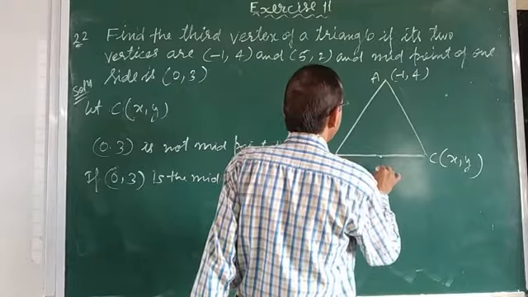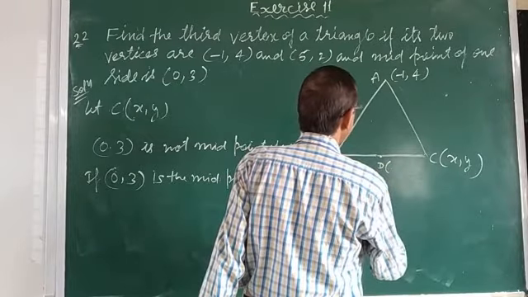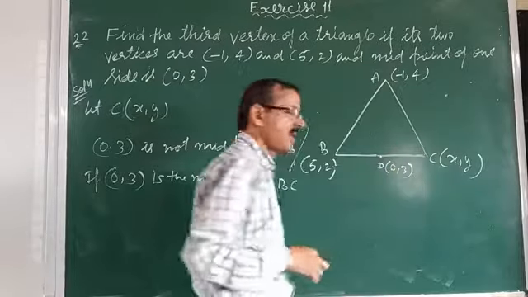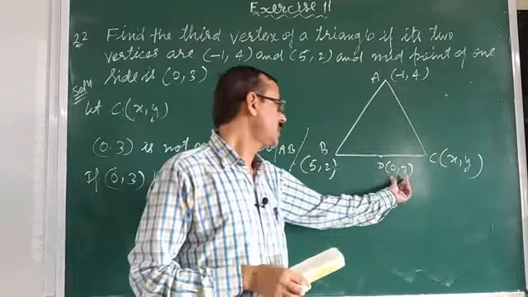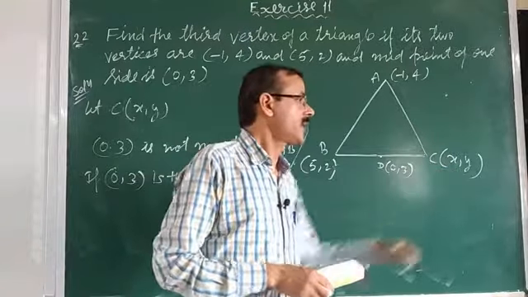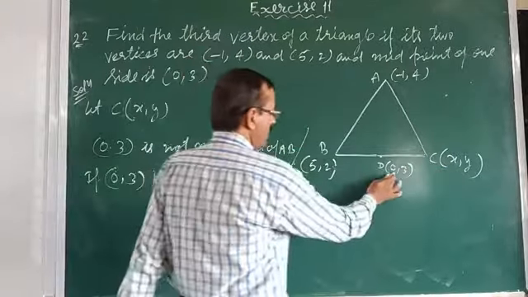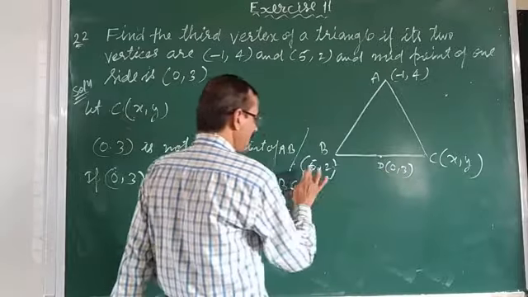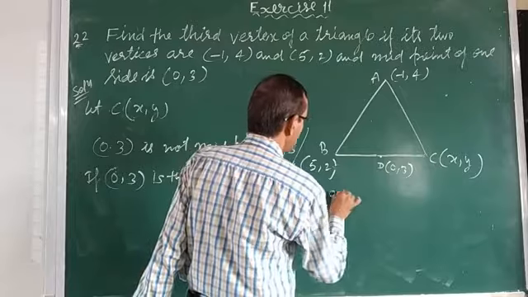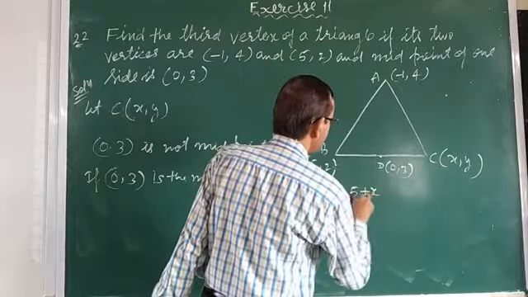Suppose this is D, consider D. So that is 0, 3. Suppose 0, 3 is the midpoint of BC. In that case, what will be XY? This is the midpoint. 0 is equal to x1 plus x2 upon 2. So here 0 is equal to 5 plus x upon 2.